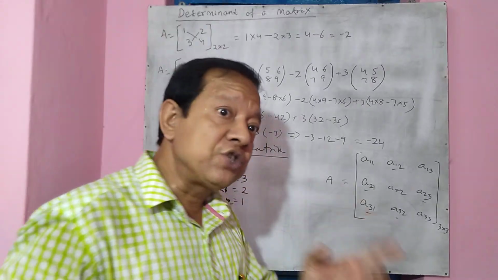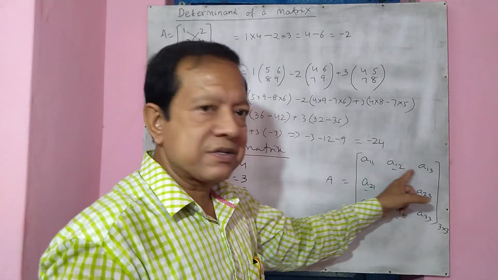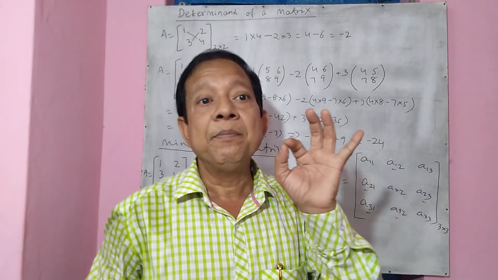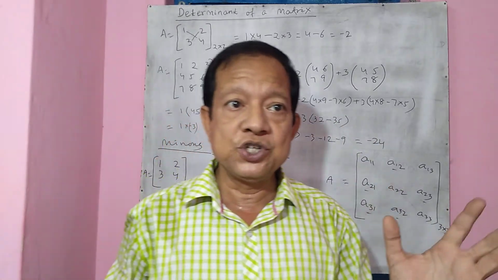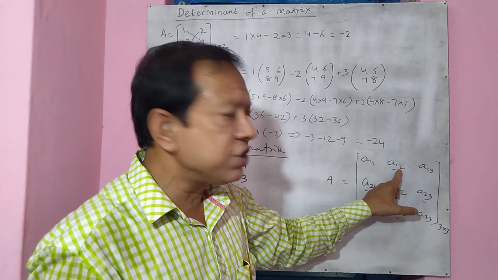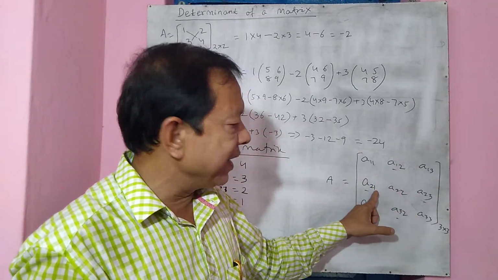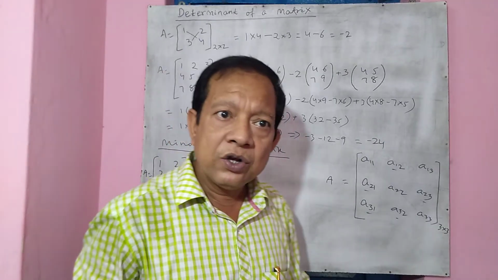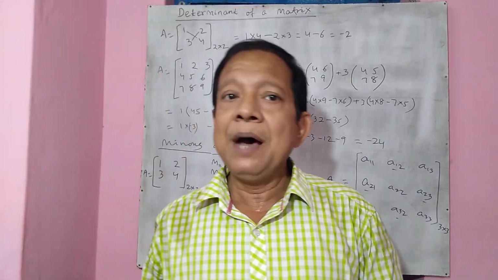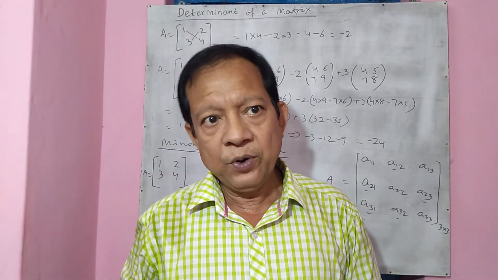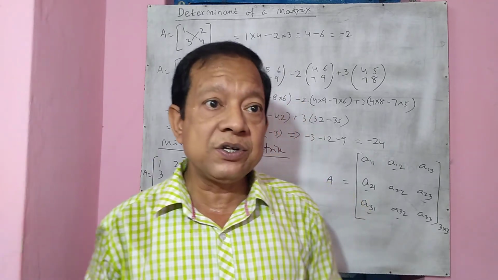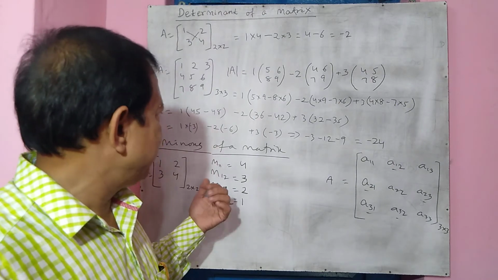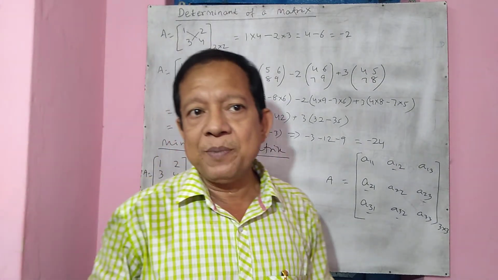The odd positions of the matrix, the elements of the matrix, they will have minus sign. Now this is 1 and 2, this is odd. This is 2, 1, odd. This is 3, 1, odd. 3, 2, odd. And the even ones will have positive signs. That we shall discuss in the cofactors. So next time we shall discuss about the minors of the third order matrix as well as the cofactors.